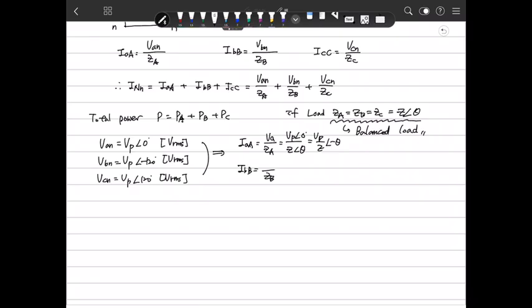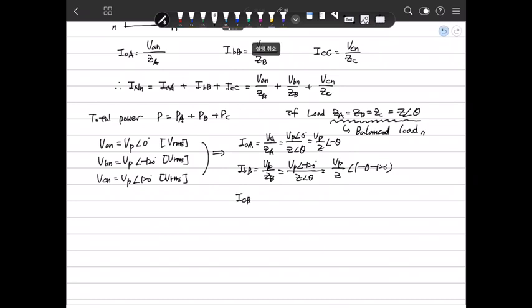IB is VB over ZB, VP at minus 120 over Z at theta, will be (VP/Z) at minus theta minus 120 degrees.